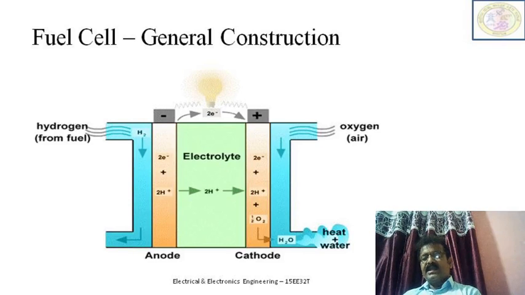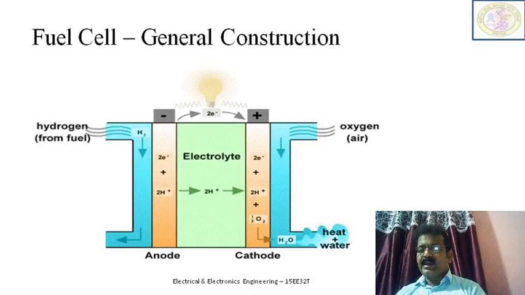The hydrogen fuel is filled at the anode side. The H2 ions move from anode side to electrolyte through the porous electrodes.